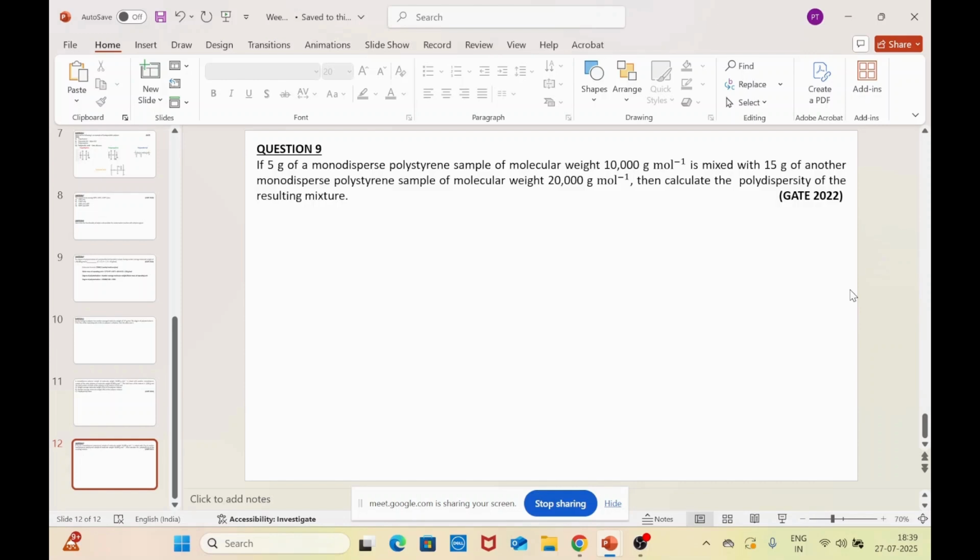Or anyone can at least tell me how you actually started solving the question. Of course, to calculate polydispersity, you need to calculate the number average and weight average molecular weight, and then divide both of them to get polydispersity. And you know how to calculate weight average as well as number average. I believe everybody knows.